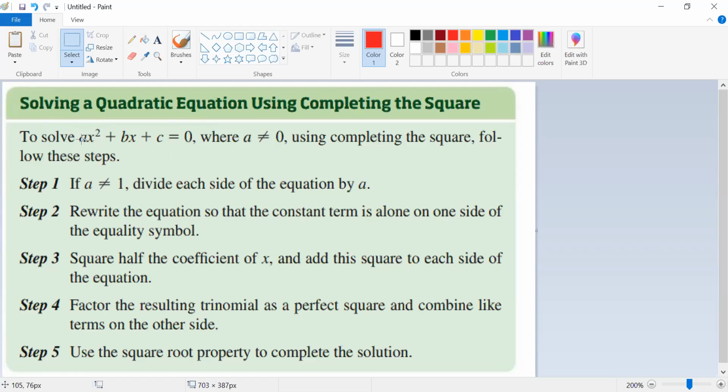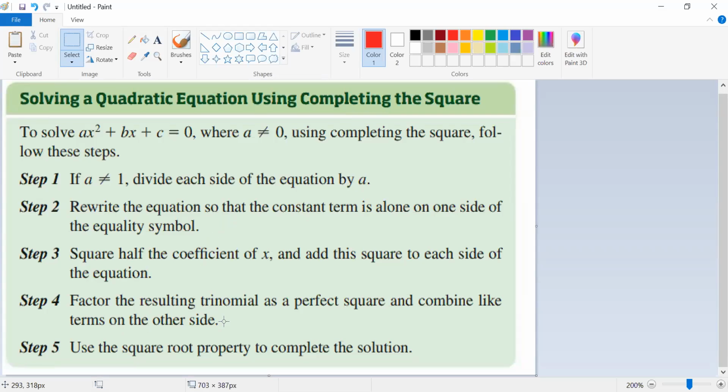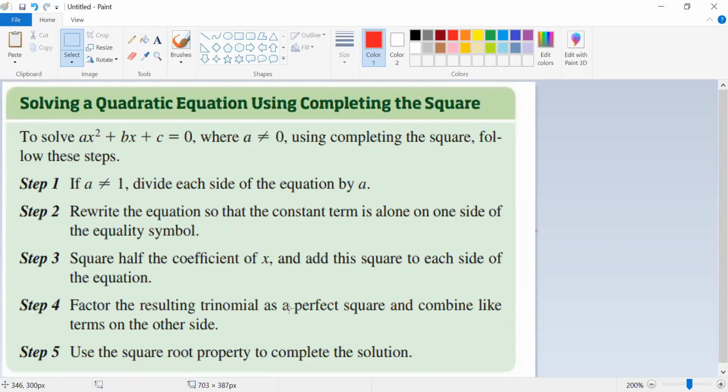But you're not always going to get that. So sometimes you just have to live with what you got. When a is 1, you can skip step 1. If a is not 1, if you have something else in front of x squared, then life becomes a little bit more of a pain. So you're going to want to follow these steps. Square half the coefficient of x, factor the resulting trinomial as a perfect square, use the square root property to complete the solution. So maybe you have seen that before, maybe you have not.